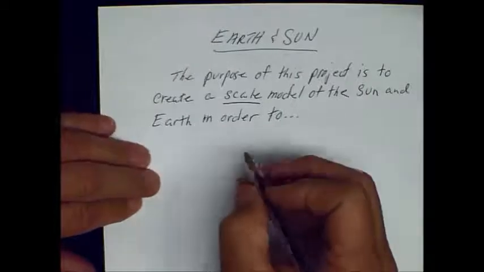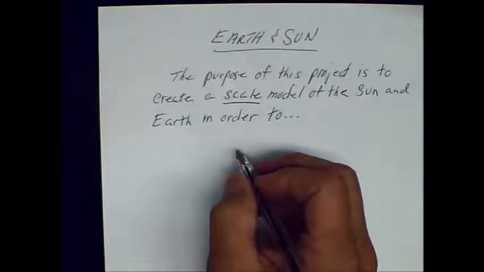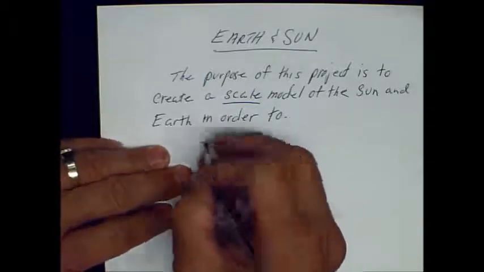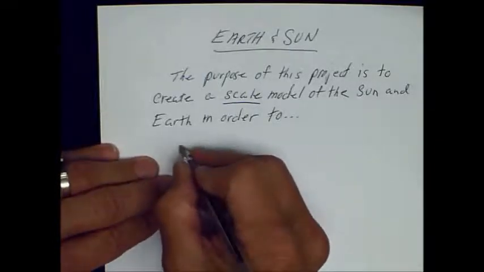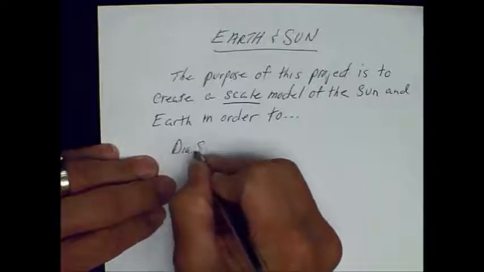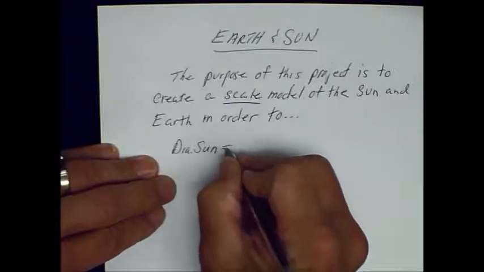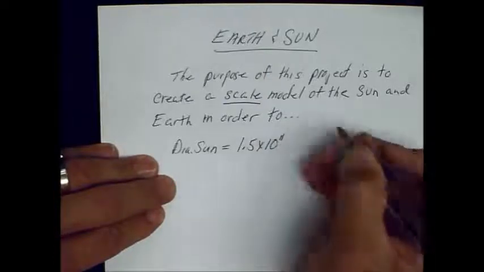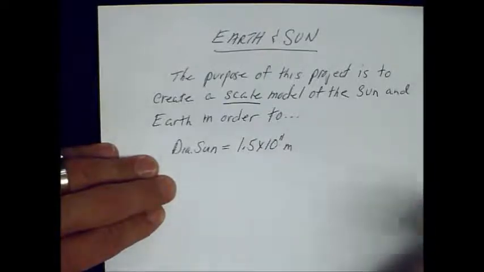Step 2 is I want you to list the sizes of the known objects. So in my case, the diameter of the Sun is equal to 150 billion meters.